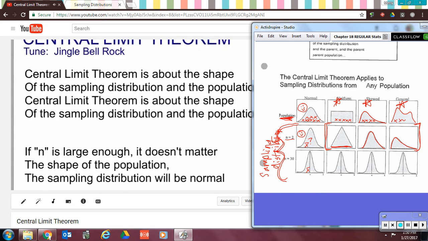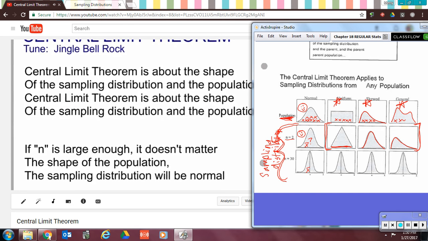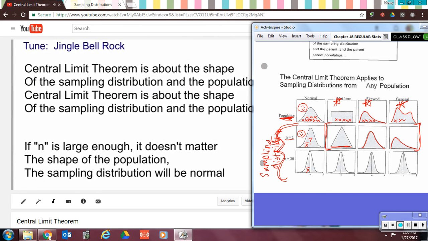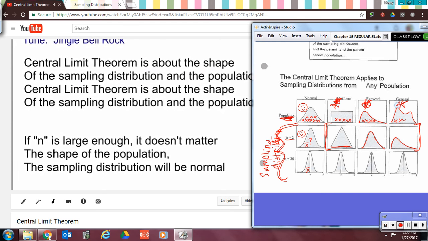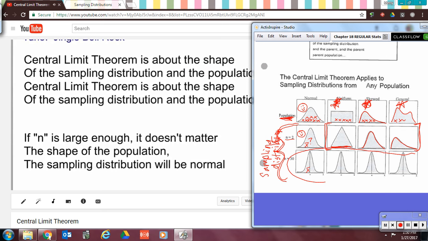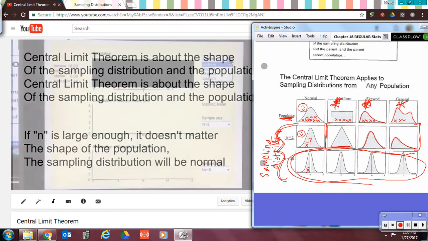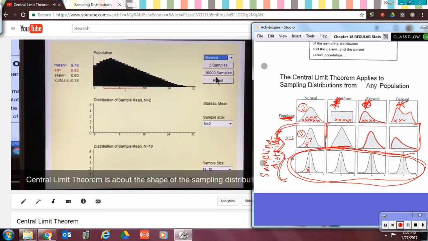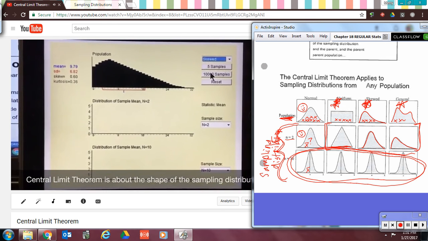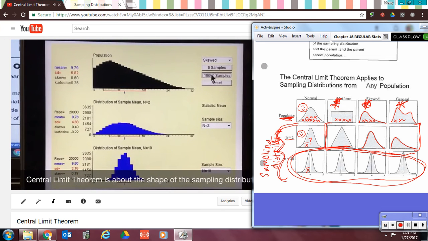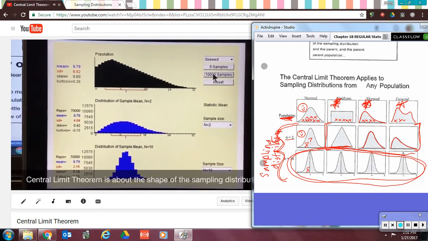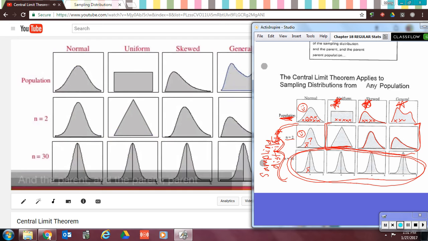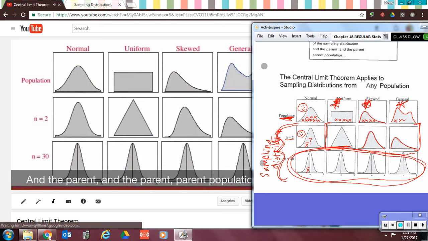If the sample size is large enough, it doesn't matter what the shape of the population is, the sampling distribution will be normal. Central limit theorem is about the shape of the sampling distribution and the parent population.